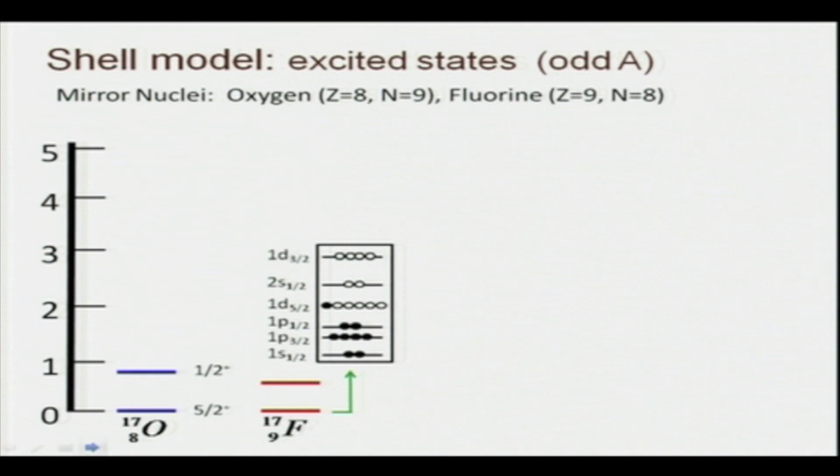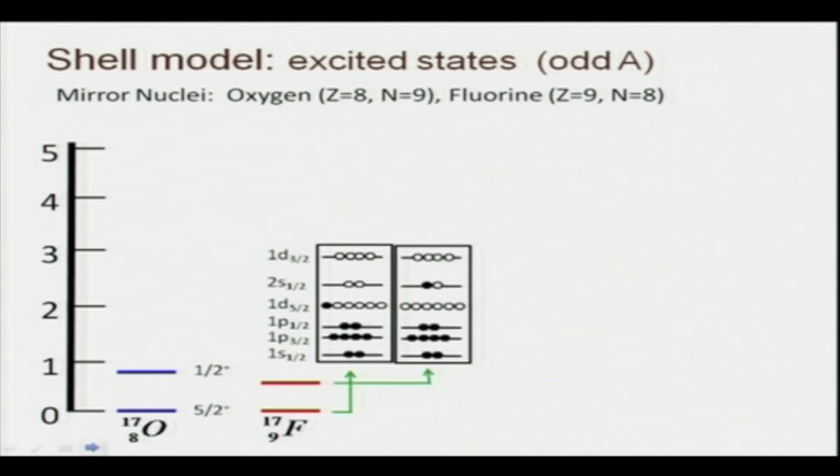Same is the case with fluorine. There is a slight difference in actual magnitude of the excitation energy because of other factors. One possible configuration that we can think about is the one which we discussed just now. Well, if you give more energy, what can happen? It can further jump to 3/2. It can go from 2s 1/2 to 1d 3/2, which is the next energy level.